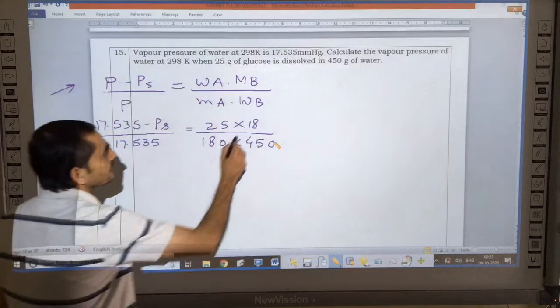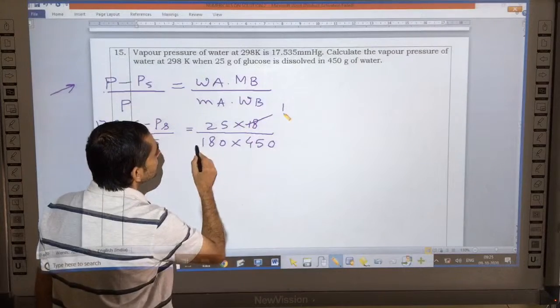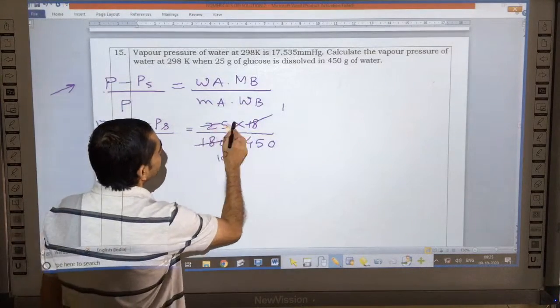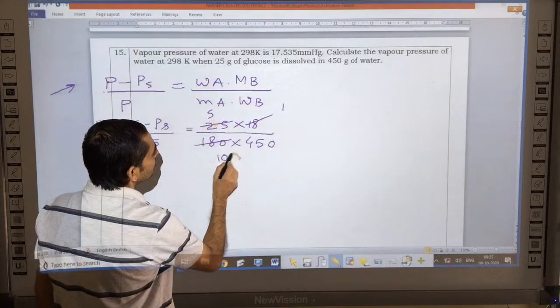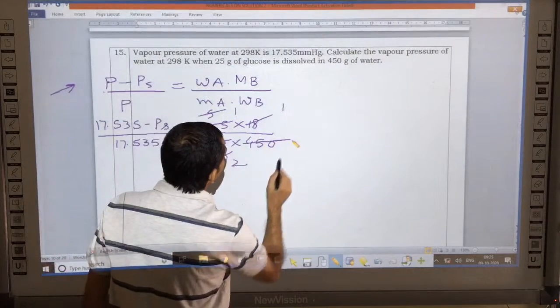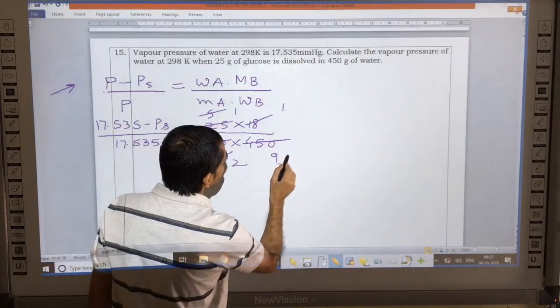Okay, solve it. 18 1 jar, 18 10 jar, 5 jar, 5 2 jar, 5 1 jar, 5 9 jar, 90.